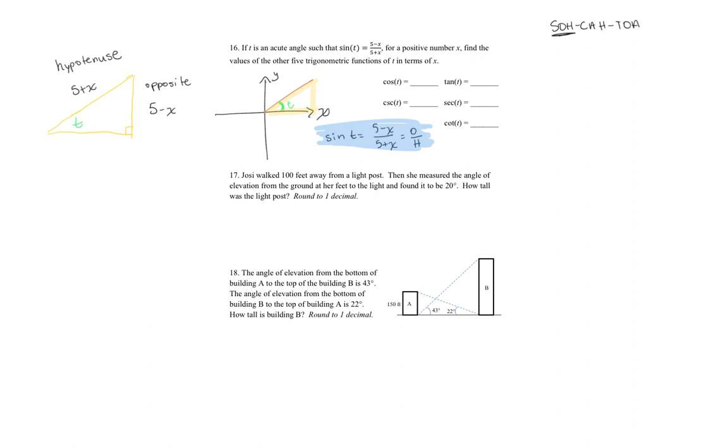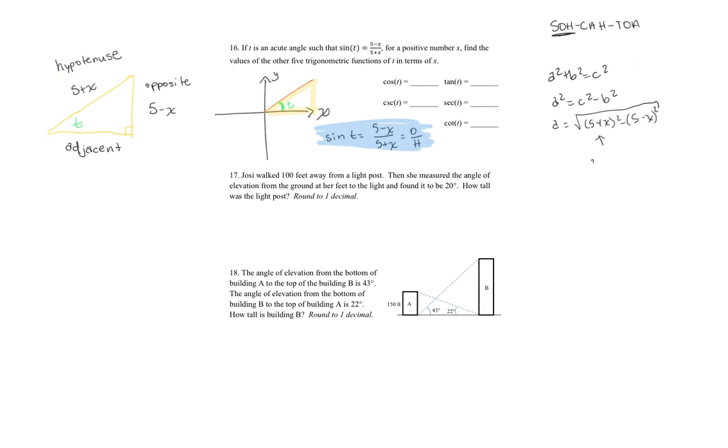Correct? So our adjacent, from our lovely Pythagorean theorem, we can find it by saying that a squared is equal to c squared minus b squared. So a is equal to the square root of (5 plus x) squared minus (5 minus x) squared.